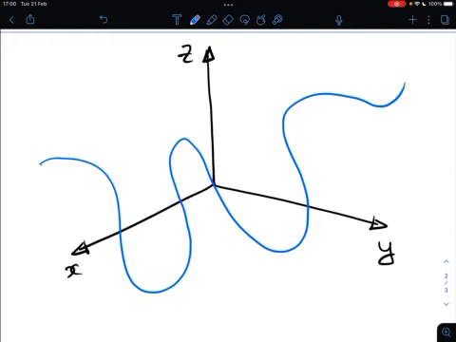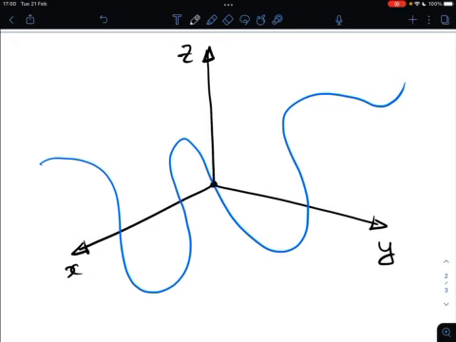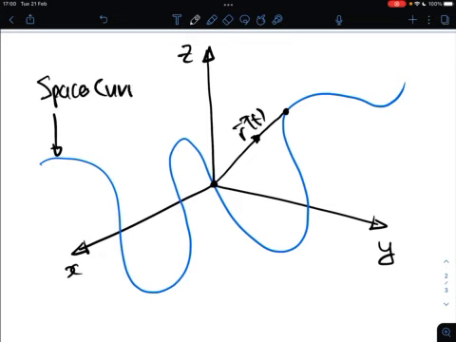What we refer to as r of t is then a line which starts from the origin and is attached to some point along that curve. So that's what the vector r of t really is when we draw it in space. This is exactly what we mean when we talk about a space curve.